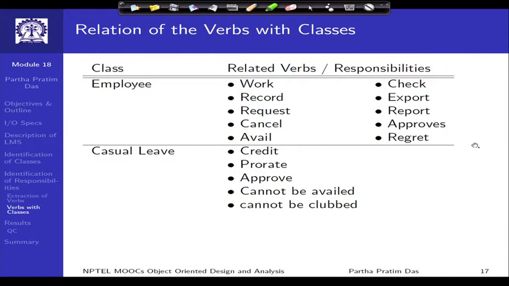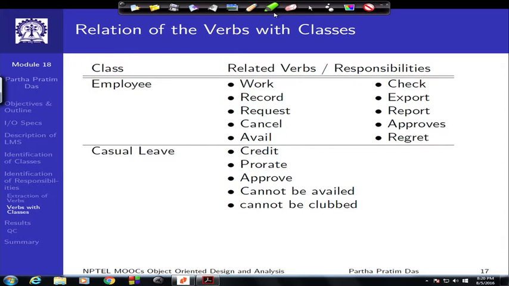Let us now try to put these verbs with the classes that we have already identified. At least we have a reasonable number of classes identified. So, what I am trying to do is analyze the document and associate the class with the verbs that can get related to it.